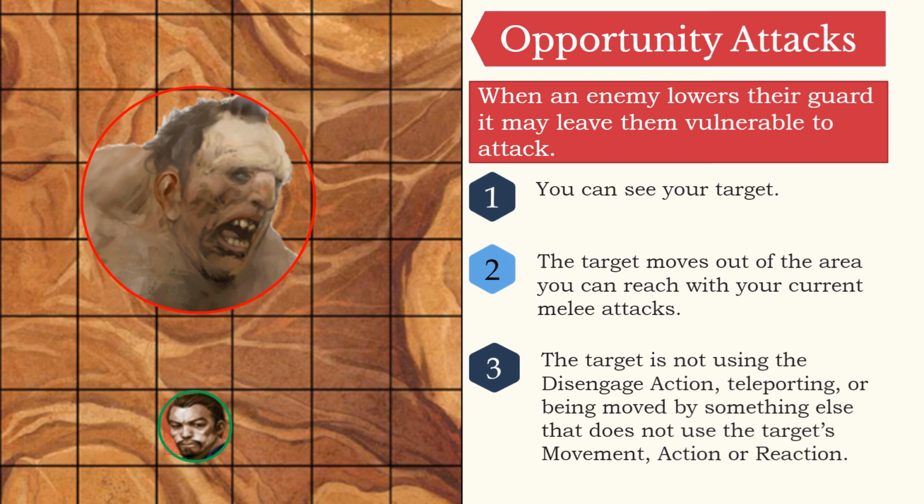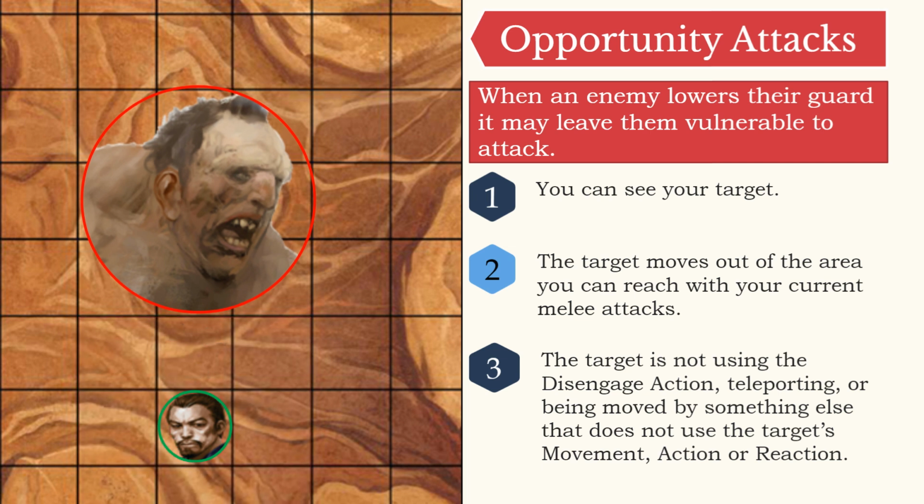Second, Quinn's longsword has a reach of 5 feet or 1 square in every direction, and the hill giant moves out of that zone. So the second criteria is met. And third, the hill giant was not using the disengage action, it wasn't teleporting, or being moved by someone or something else, so the third criteria is met and Quinn may spend his reaction that round to make a melee attack against the hill giant.